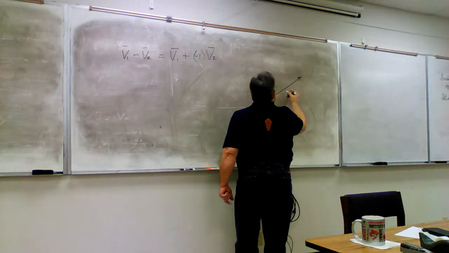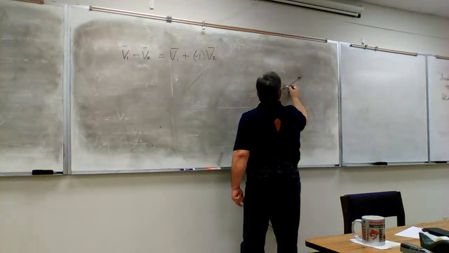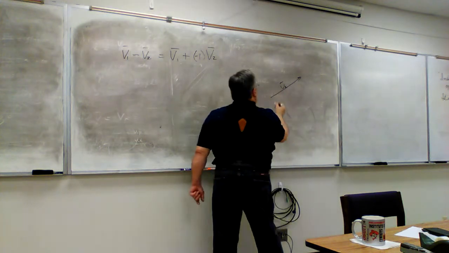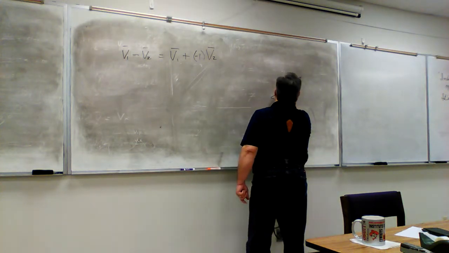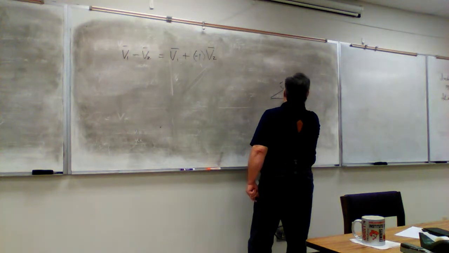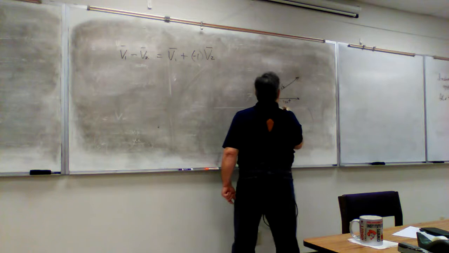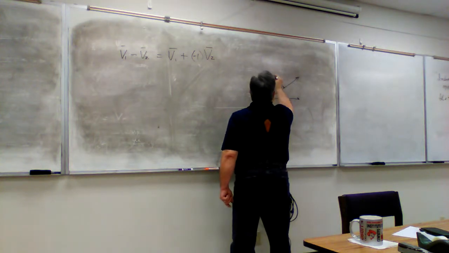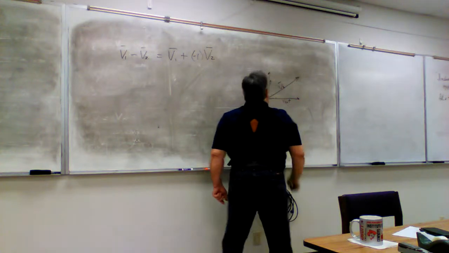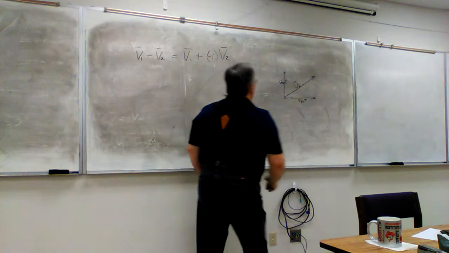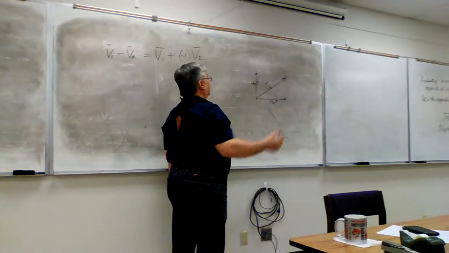Let's look at the example here. We've got our vector v, we said 2, so I'll call it v2. Here it is: v2x i and v2y j. Those are the two components. What happens when we multiply by negative 1?